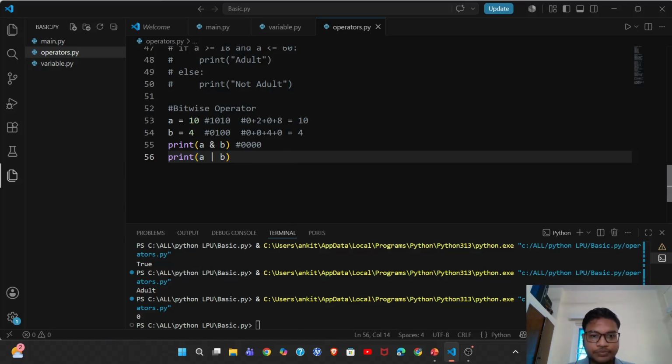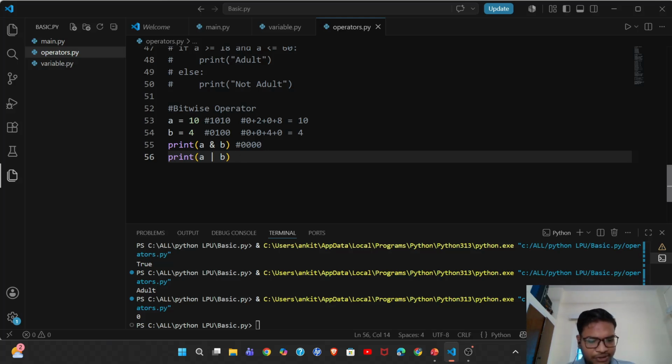So what does it mean? OR means if any one of these two binary bits is 1, the output is 1. Like 0 0 gives 0, 0 1 gives 1, 1 0 gives 1, 1 1 gives 1. How does this work?